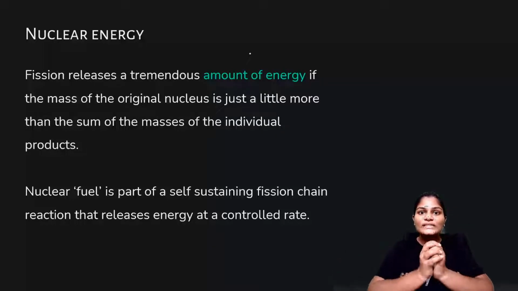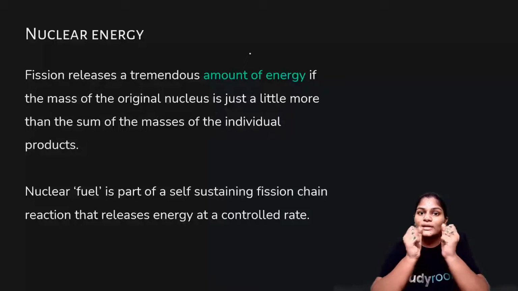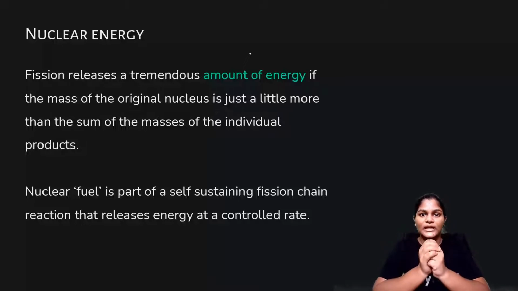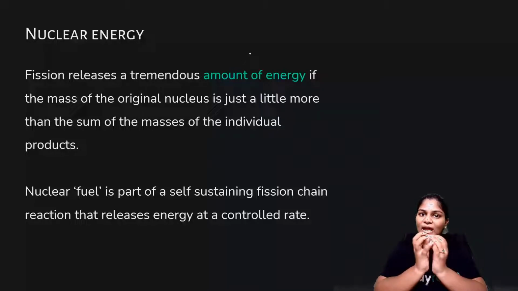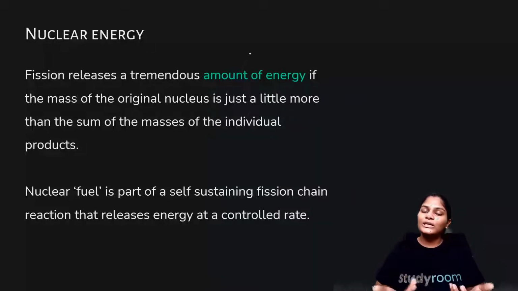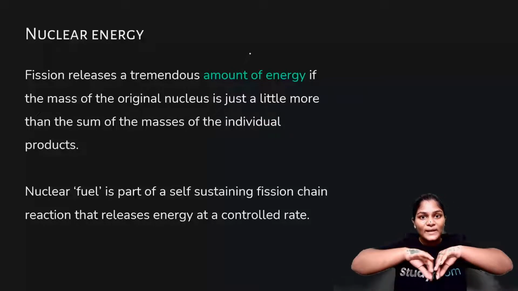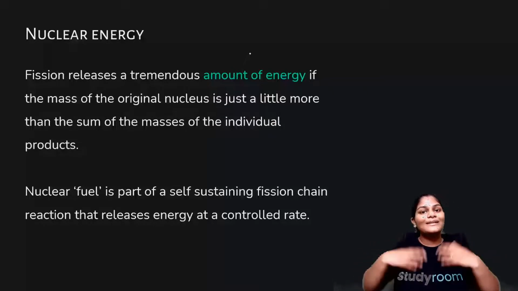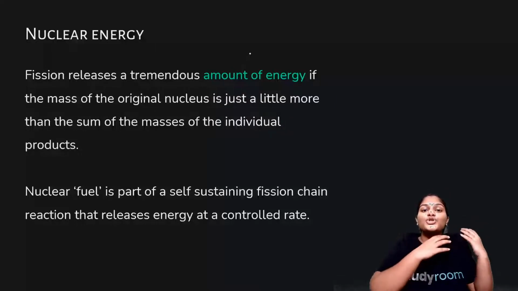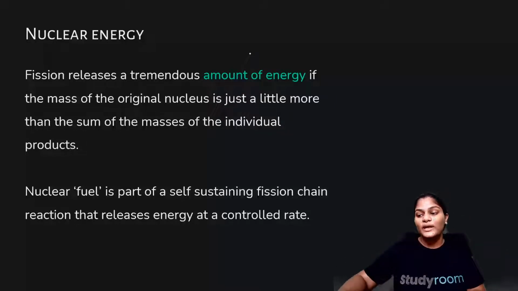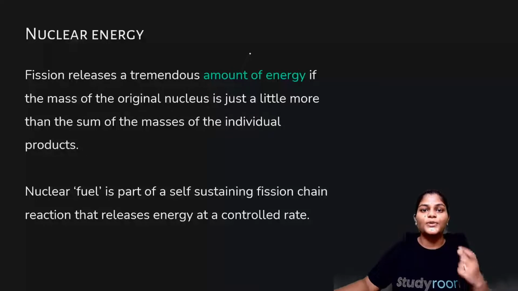Because the nucleus is one very heavy, very strongly held together particle, right? So when you have to break apart any strongly held together particle, you're going to need energy. So when it breaks apart, it is going to release that energy, right? That is why a huge amount of energy is released when a nucleus undergoes fission.